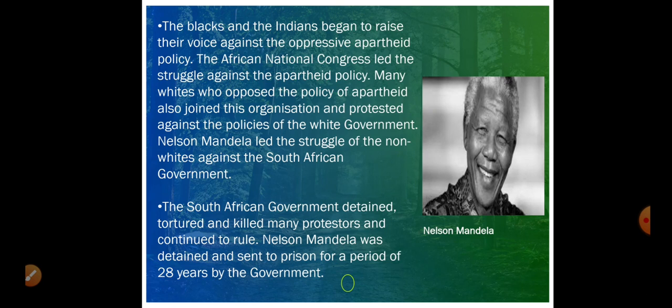Trains, buses, taxis, hotels, hospitals, schools, cinemas, libraries, theaters, beaches, swimming pools and public toilets were all separate for the whites and the blacks.